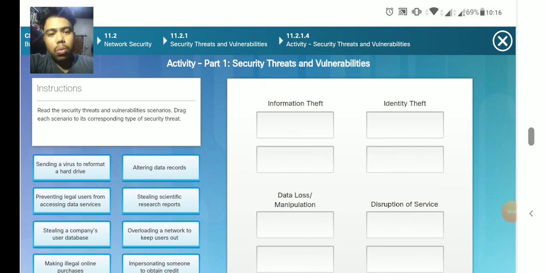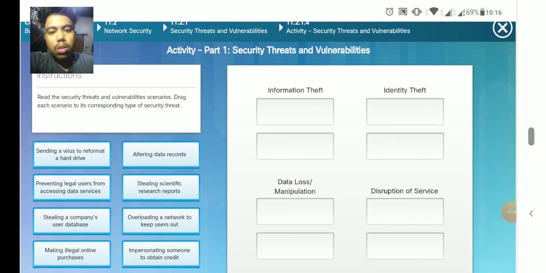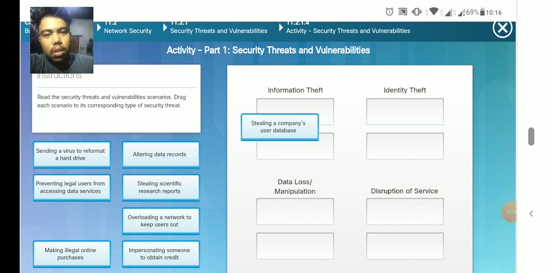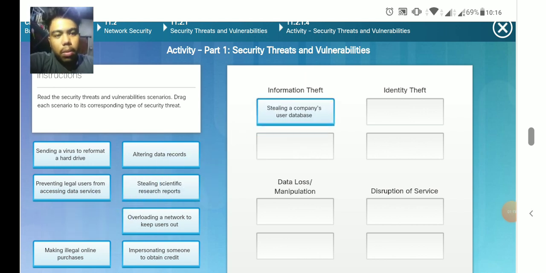So let's start with information theft. One of the most common classified as information theft is stealing a company's user database, from the word thief, or to steal, stealing.